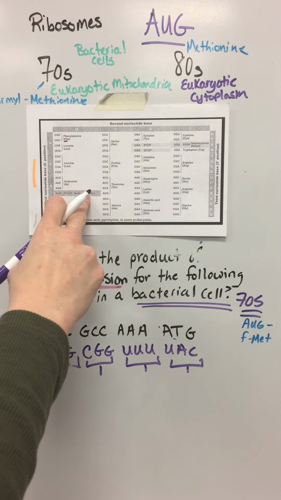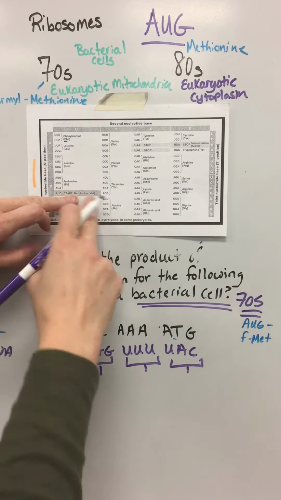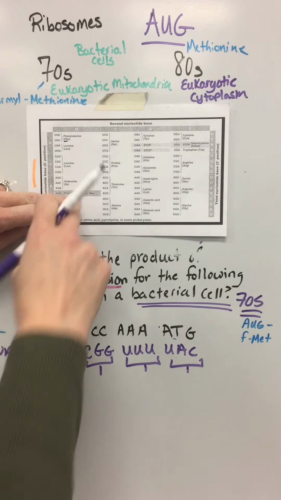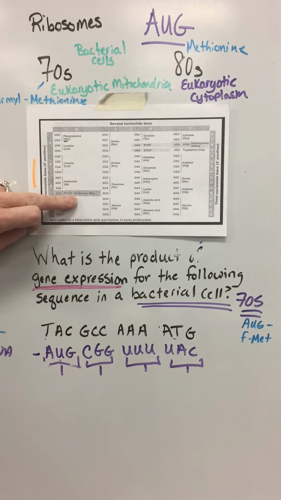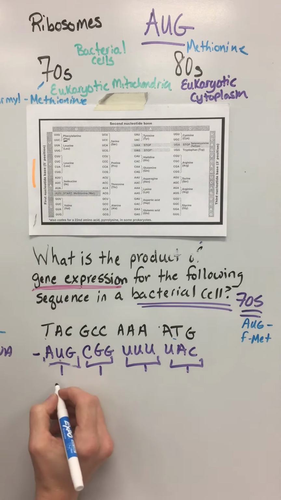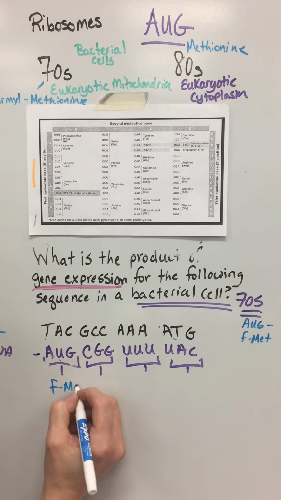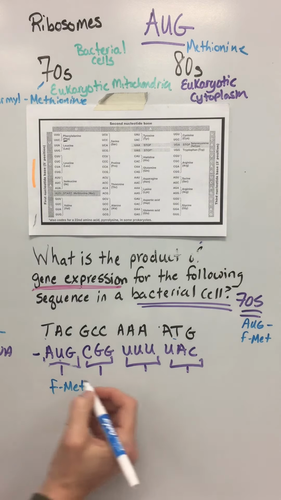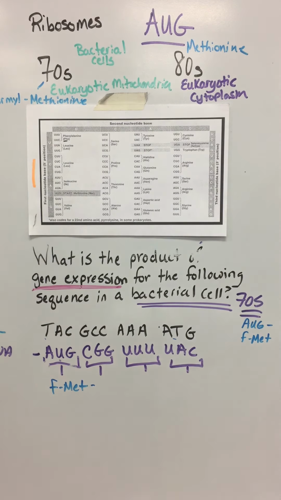And right here is our codon of interest, and it says on your chart, methionine. But we just discussed that when you have a 70S ribosome, instead of placing methionine as the first amino acid, this ribosome will put into place formyl methionine. That is important that you pay attention to. We're working with more than one type of organism in this course. Now let's move to the second amino acid, coded for by the second codon.